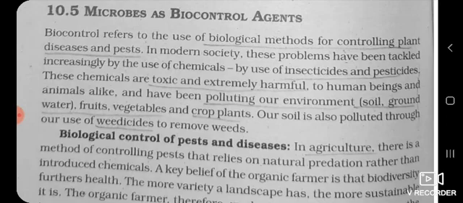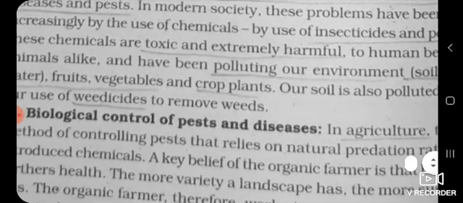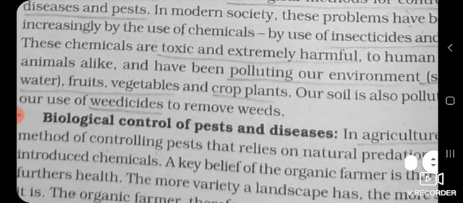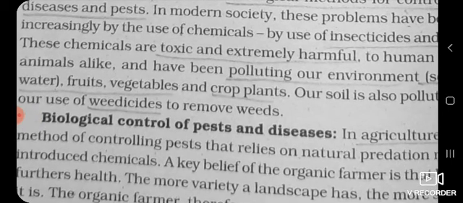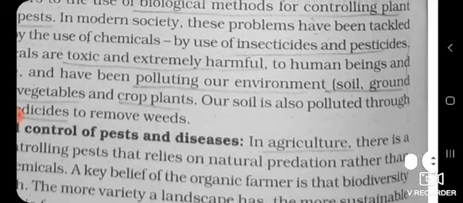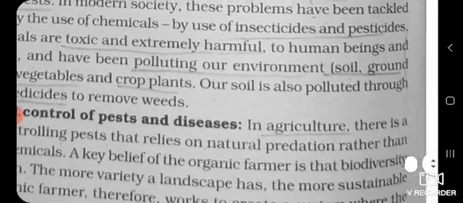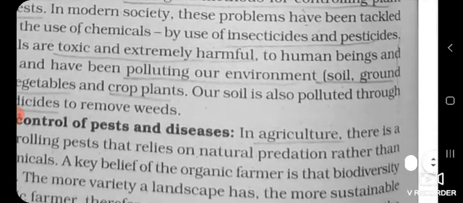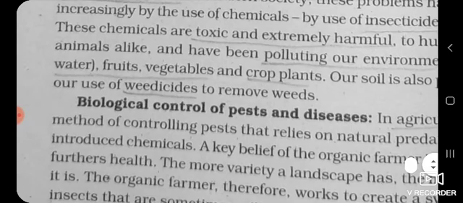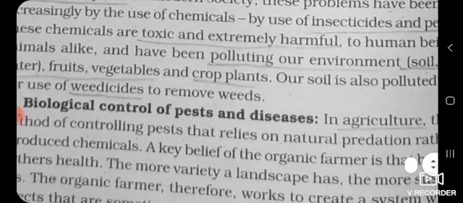But there are some drawbacks of these chemicals, that is, these chemicals are toxic and extremely harmful. This chemical which we use in the form of insecticide and pesticide, when we apply it on our field, it is very toxic, and it is harmful to human being and animal alike, and has been polluting our environment, particularly soil, ground water, fruit, vegetables and crop plant.